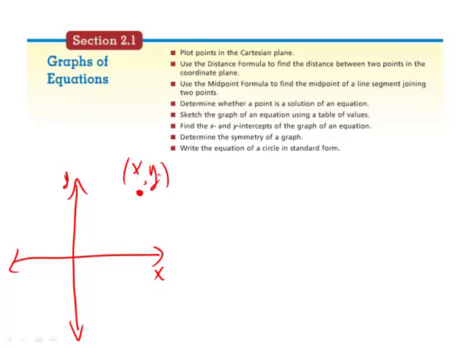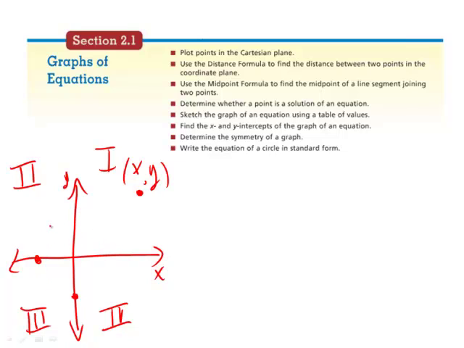Now the Cartesian plane has these 4 quadrants labeled in Roman numerals the following way: 1, 2, 3, and 4. So points can end up anywhere in any of those quadrants. They also could end up on the axis.